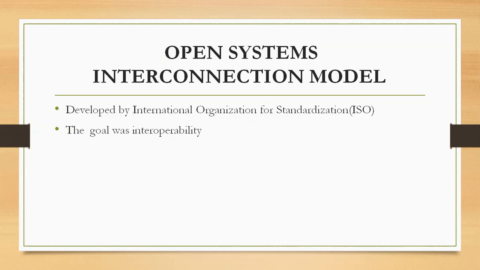Initially, when networking was coming up, most of the organizations developing network nodes or network devices built those devices in such a way that they could only work within their own organization or their own niche of products.